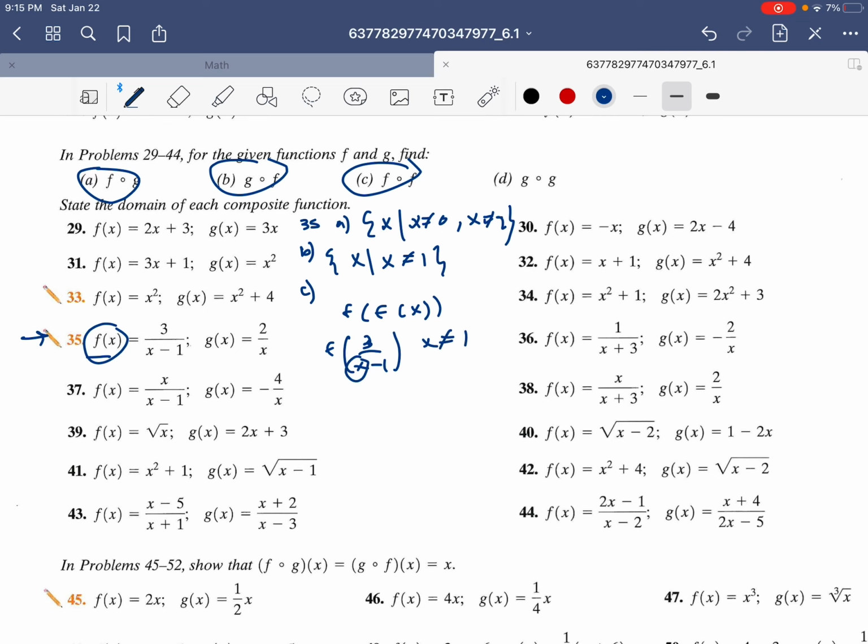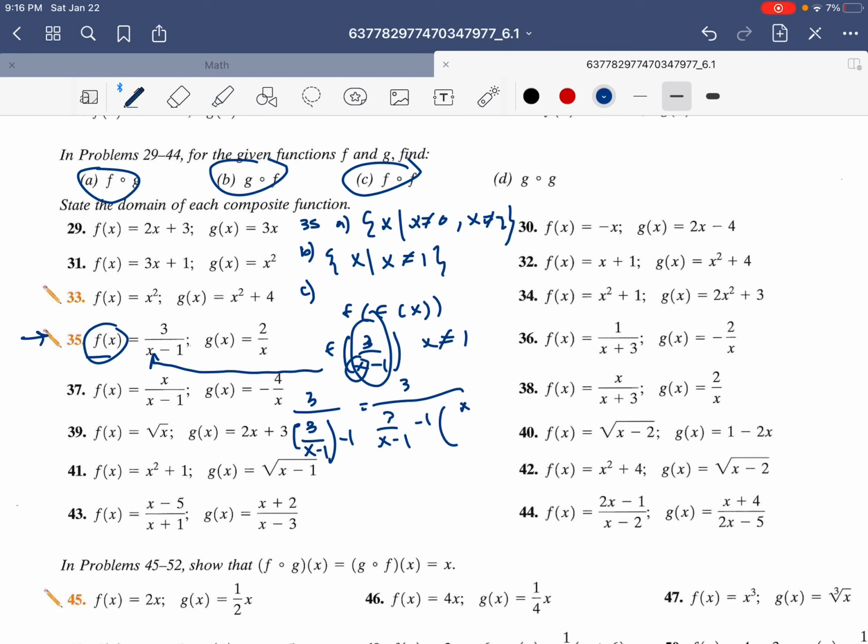But we're going to keep going, because we got to plug it in again. See, so you're putting this x into this thing. So it's going to look kind of long. Okay, so it's going to be like this.